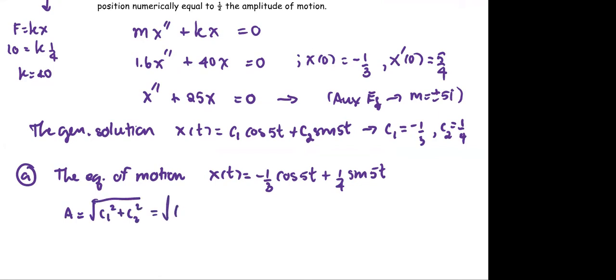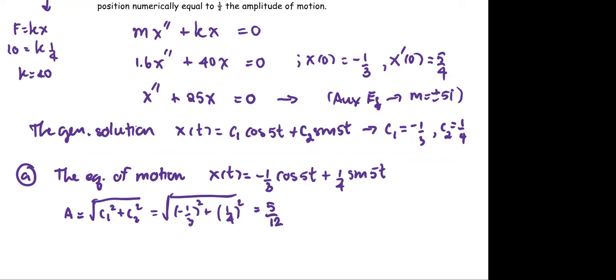The square of negative 1/3 plus the square of 1/4 gives us 1/9 plus 1/16, or 25/144, or 5/12. You can work on the details of the algebra later if you are curious how I got that fast, but I have my notes. So the amplitude is 5/12.